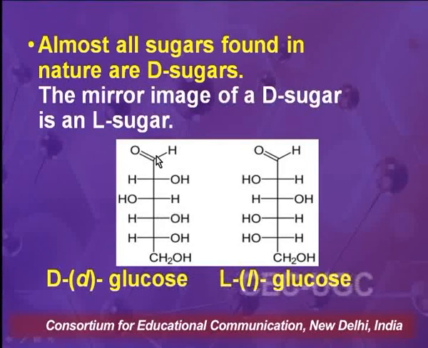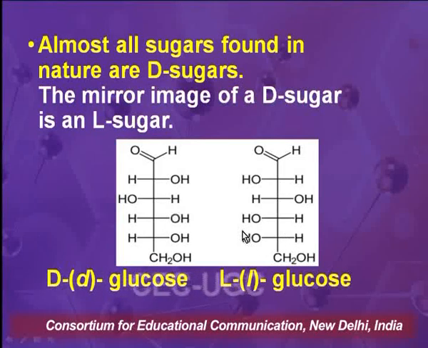The second, third, fourth and fifth carbons are the asymmetric carbons. So this structure will be assigned configuration capital D, whereas the second structure, in which the OH is on the left hand side on the highest numbered asymmetric center, is assigned configuration L.